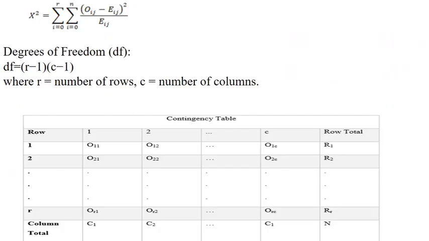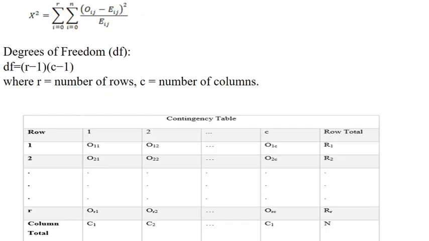Chi-square equals, since we are considering row total and column total, we have two summations: summation i from 1 to R for row, then summation j from 1 to C for column, of (O_ij, the observed frequency, minus E_ij, our expected frequency) all squared, all over E_ij.